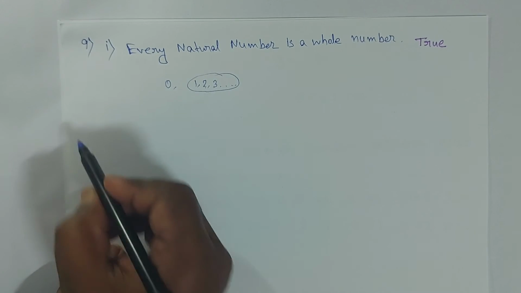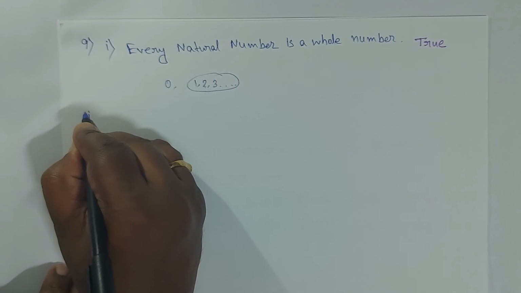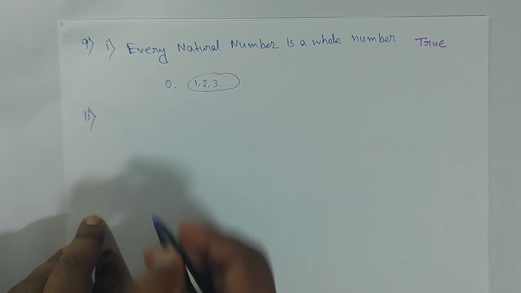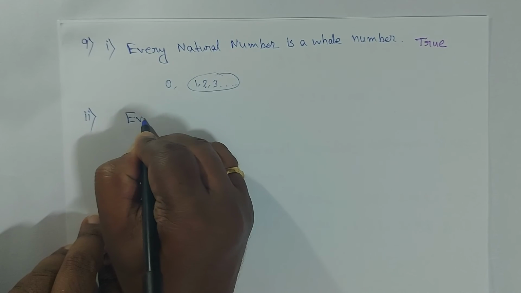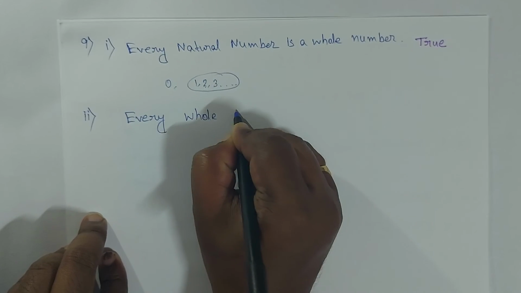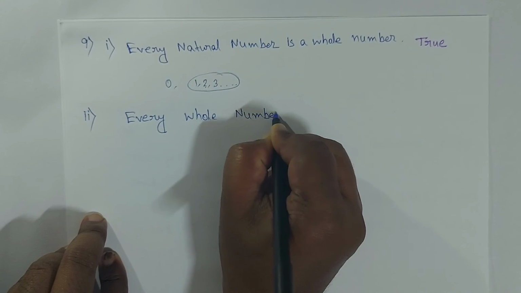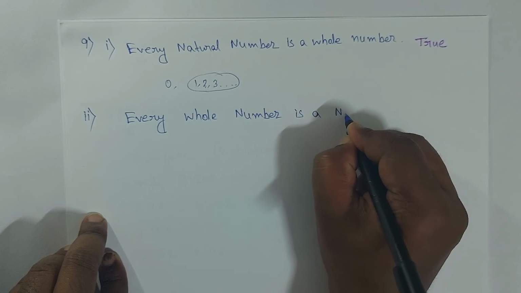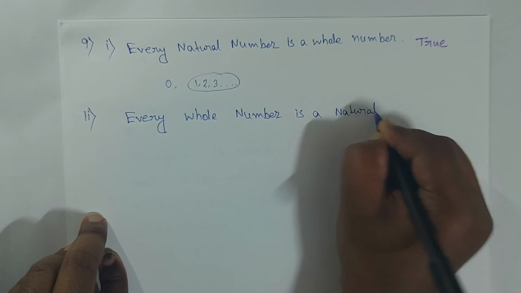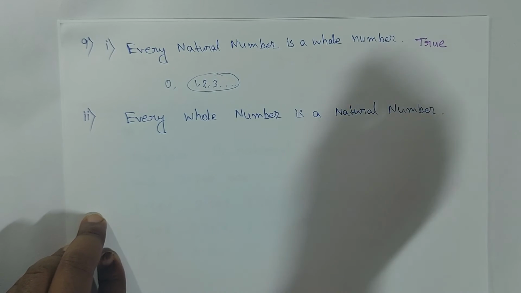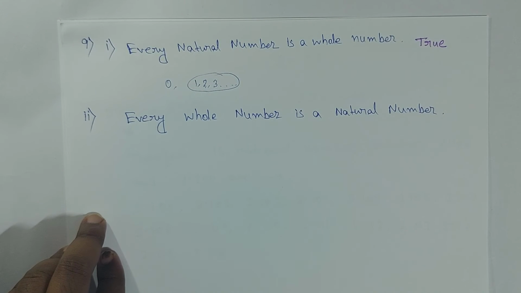Okay. Next statement is, every whole number is a natural number.